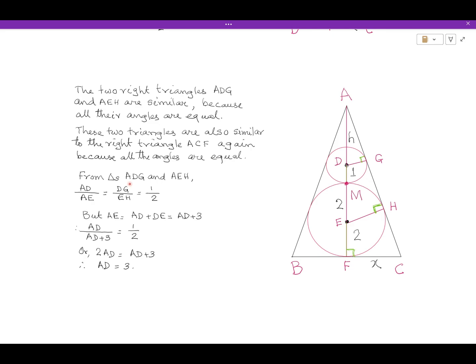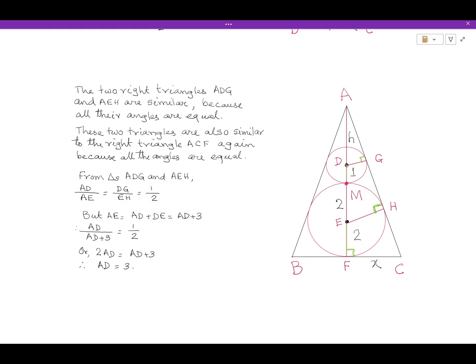From the triangles ADG and AEH, that is from the two smaller triangles, AD by AE is equal to DG by EH, which is equal to half. DG is 1, EH is 2, so AD by AE is equal to 1 by 2.